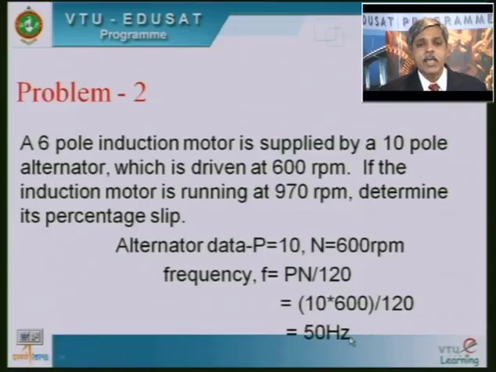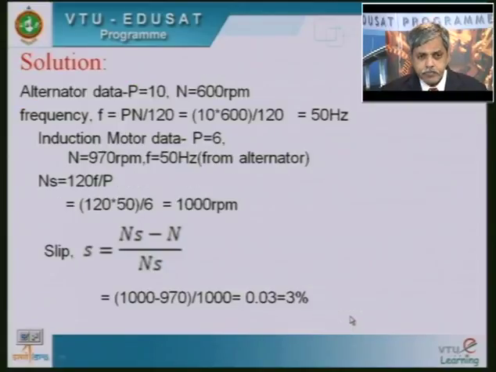I will get the frequency of the alternator as 50 Hertz, which means that the induction motor is supplied at a supply frequency of 50 Hertz. Now when you give this frequency to the induction motor, we have a rotating magnetic field produced. So that rotating magnetic field will have a speed of Ns is equal to 120 F by P.